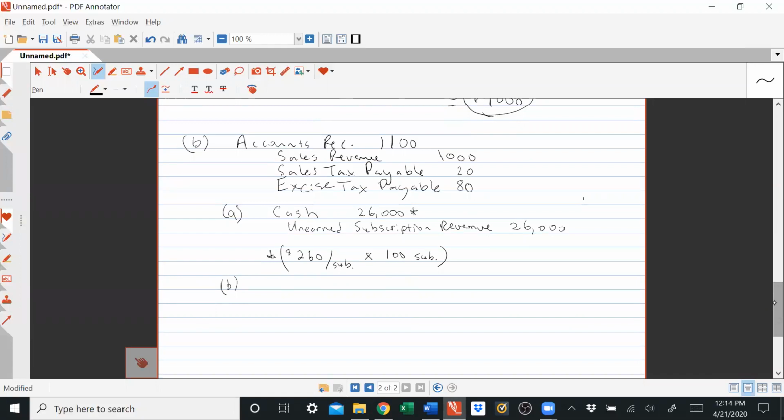Therefore, each week they earn 1/52 of $260 for each customer. $260 is the amount that they receive from each customer. In exchange, they have to give each customer 52 weekly newspapers. So each week, they're going to make the following journal entry. They're going to debit the liability, unearned subscription revenue.